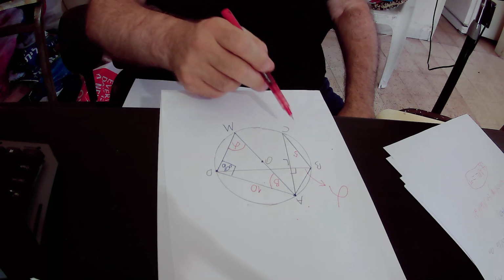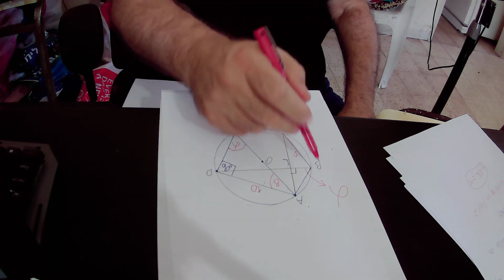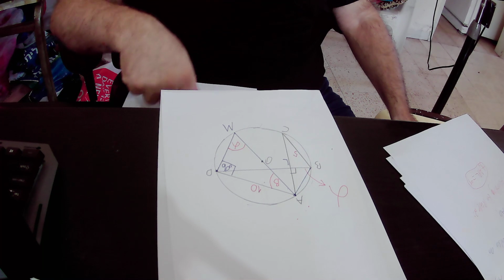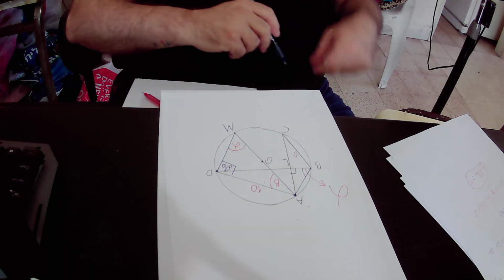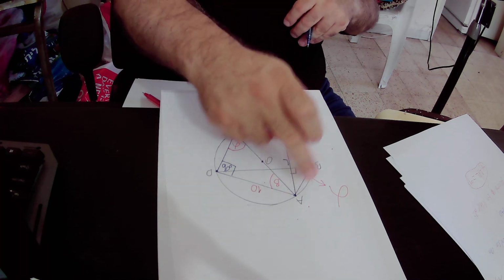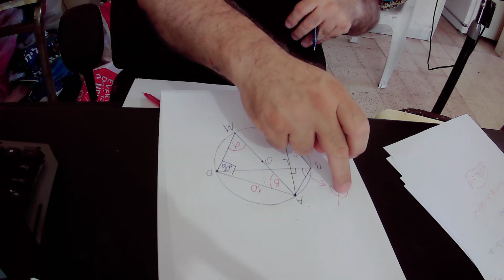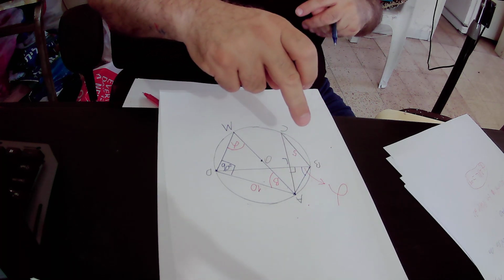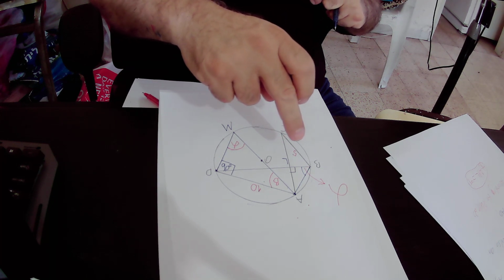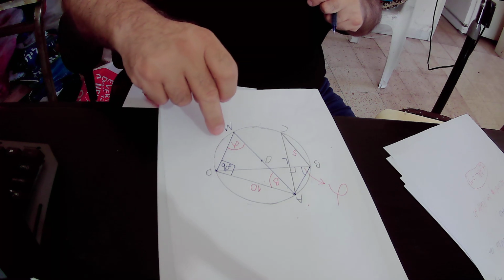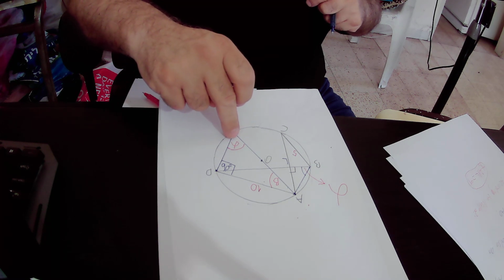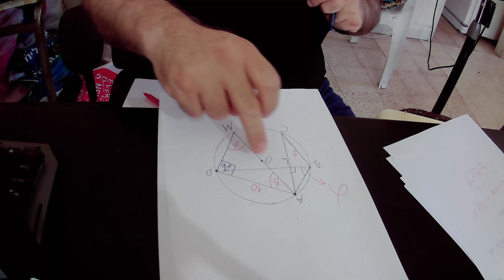This angle ABL also equals angle alpha because it rests on chord AD, and angle alpha also rests on the same chord AD.